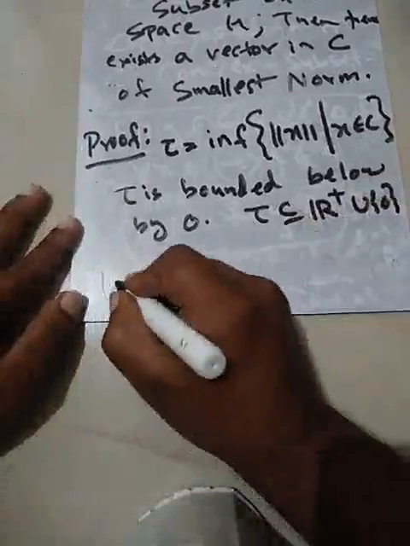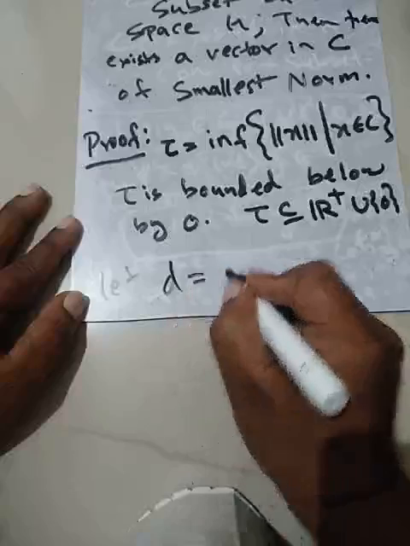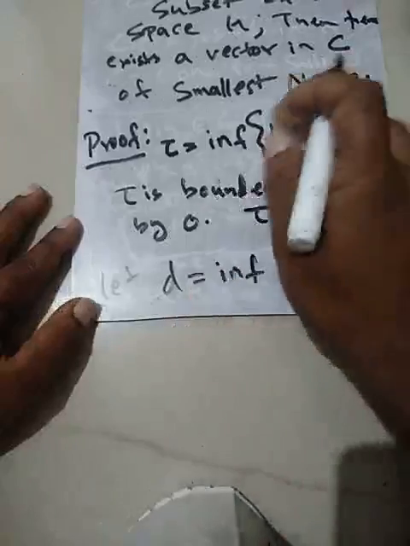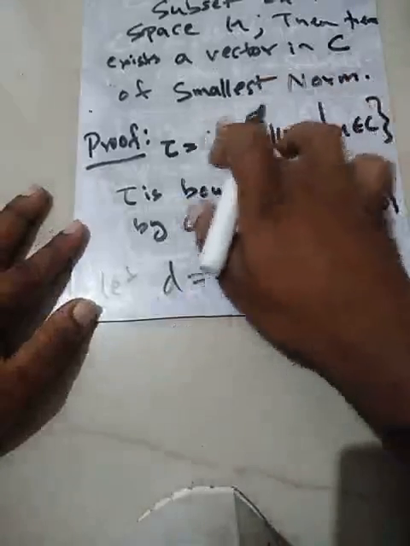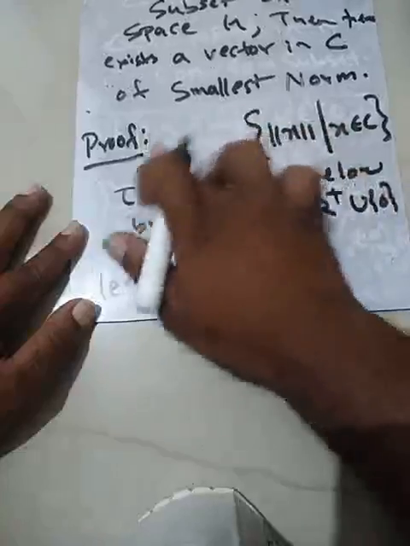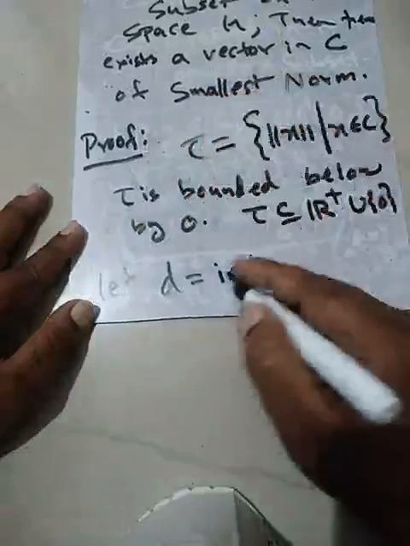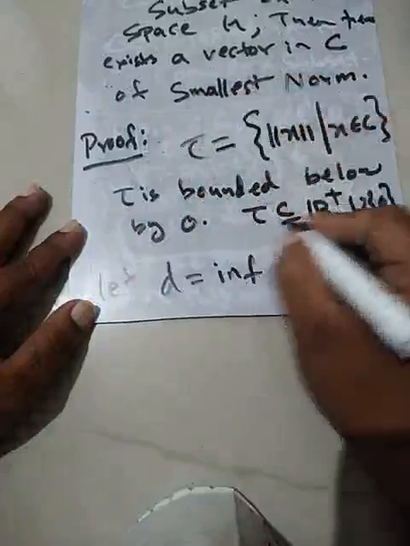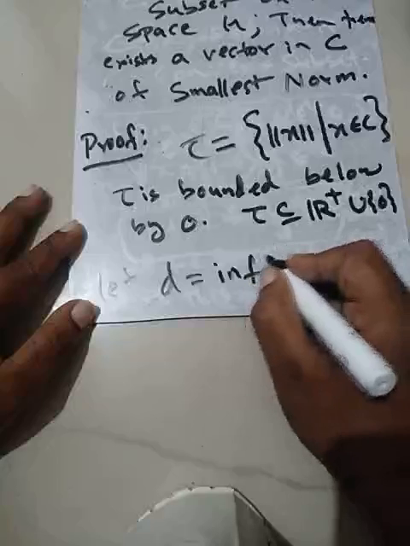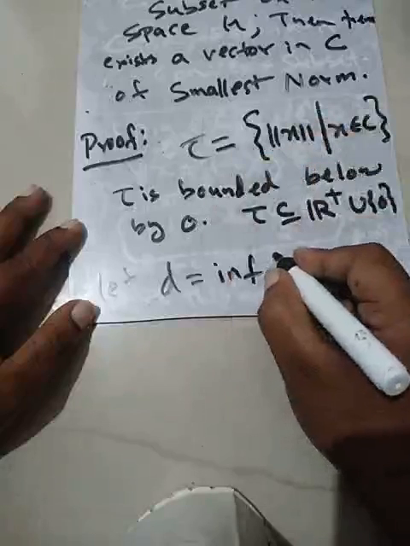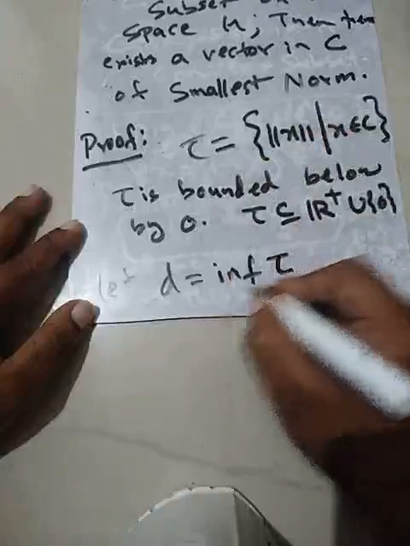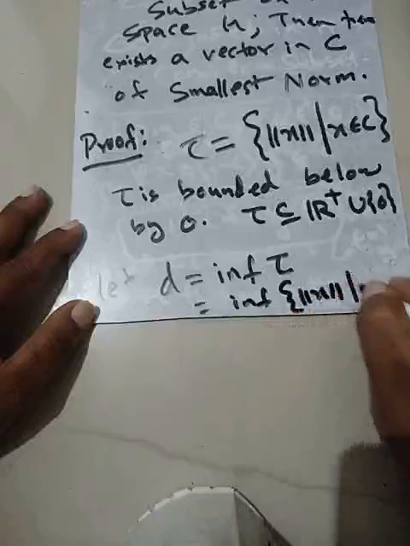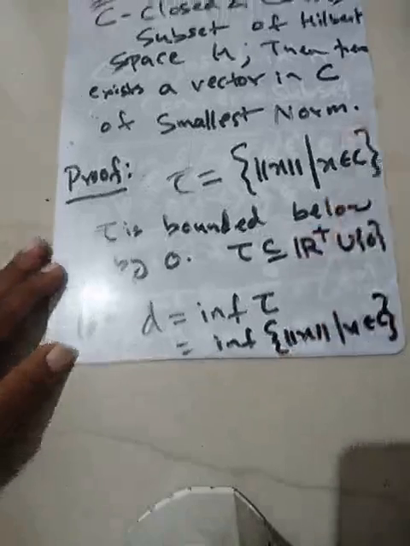Let D be the infimum of the set tau, which is the same thing as the infimum of the set norm of x such that x belongs to C.